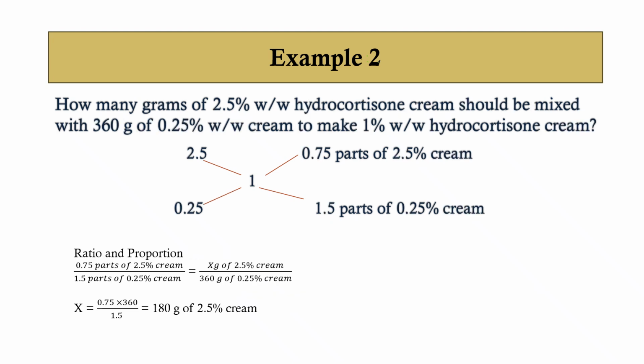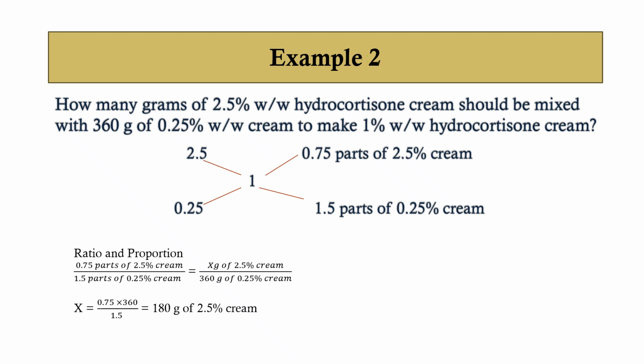Let's look at another example. How many grams of 2.5% hydrocortisone cream should be mixed with 360 grams of 0.25% cream to make a 1% cream? So we can use the alligation method. We have 1 in the middle. Remember, the higher concentration is going to be top left, and the lower concentration is going to be bottom left.